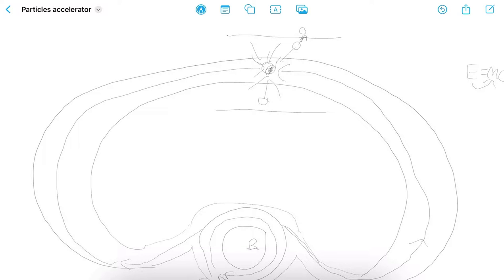And after we discover the Higgs particle, which gives mass to other things, what can we discover more?